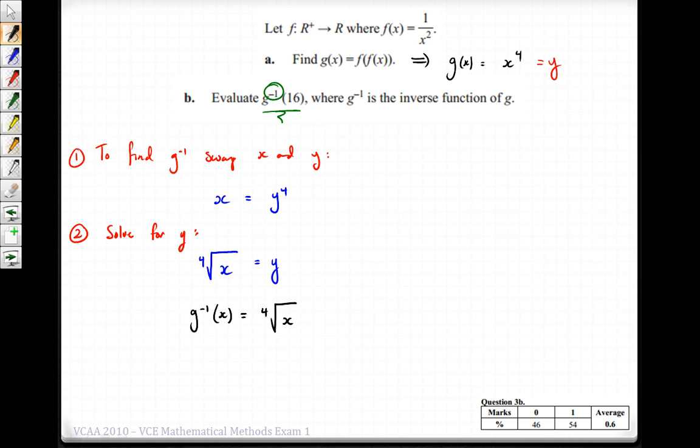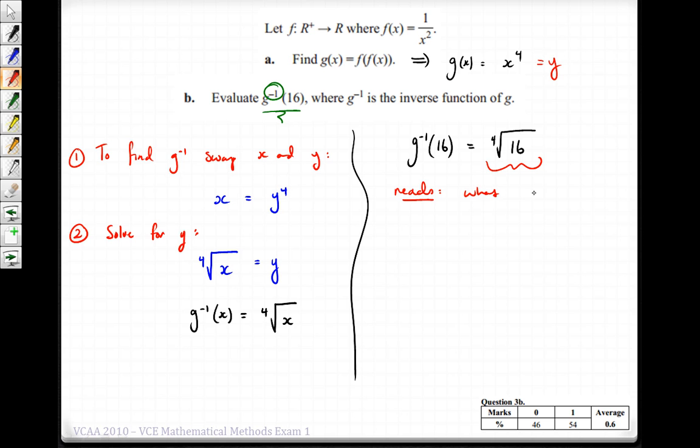Alright, but we're not quite there yet. We need to find g inverse of 16. So wherever there's an x, we're just going to sub in 16. And this essentially reads, don't be too confused by it, this reads: what multiplies by itself 4 times to give 16?